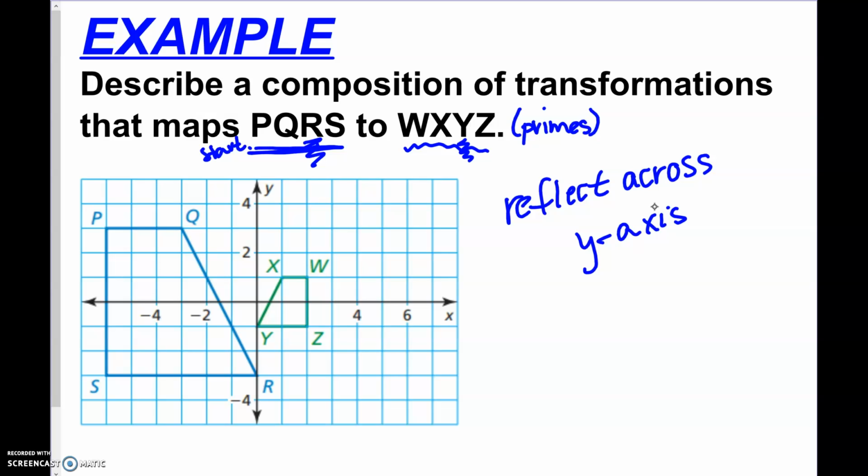If it's getting smaller, we're getting a reduction. So this is 1, 2, 3 units to this 1 unit. So the reduction or scale factor is going to be 1/3. So the composition of transformations here is going to be a reflection across the y-axis and then a dilation of 1/3.